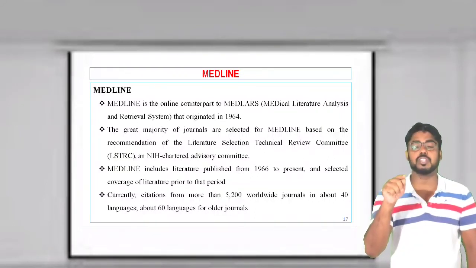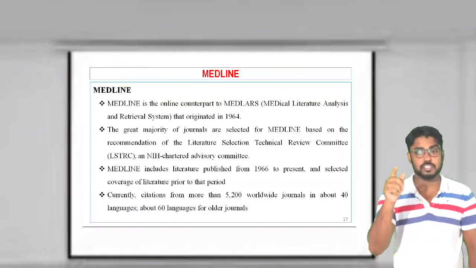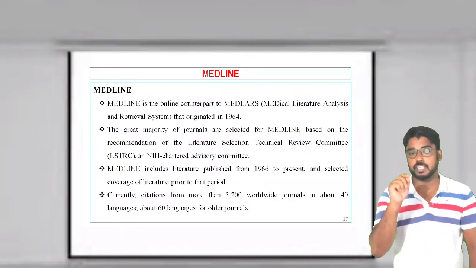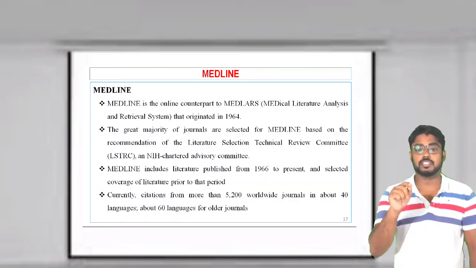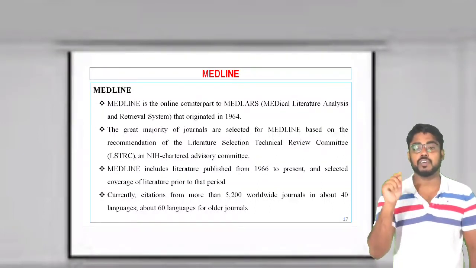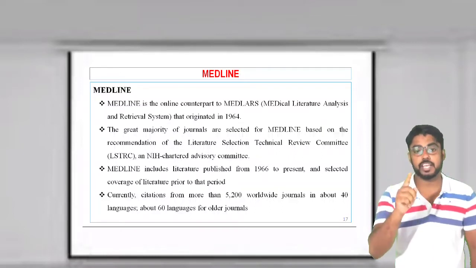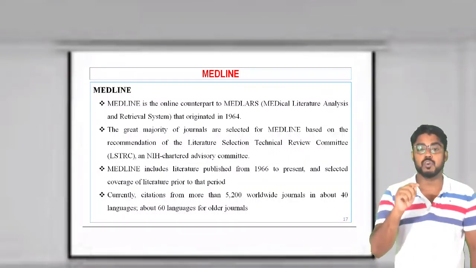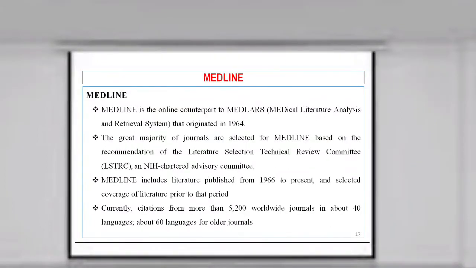Medline includes literature published from 1966 to present, and selected coverage of literature prior to that period is also present. Currently it has citations from more than 5,200 worldwide journals in about 40 languages and about 60 languages for older journals.